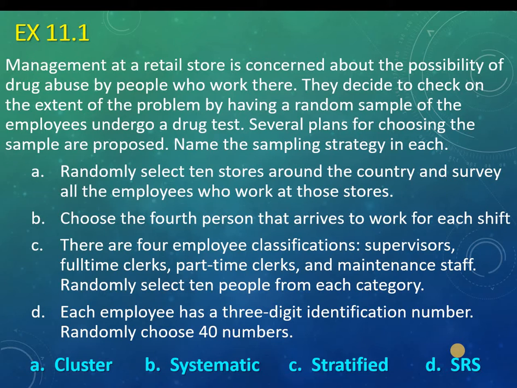Good. The big thing I want to make sure that you understand is that for a simple random sample, it is not about the individual. We care about the groups, because statistics is all about looking at a group and using that to glean information about the whole population. So a simple random sample is not that every individual has an opportunity to be selected, but that every group could be selected.